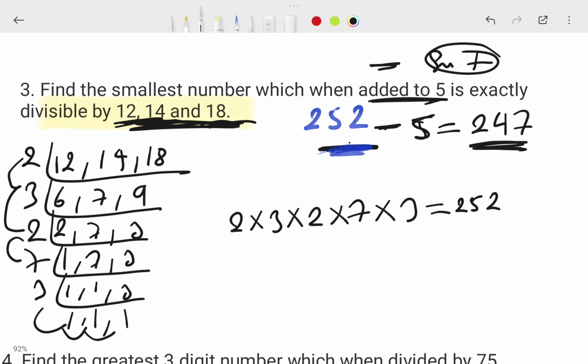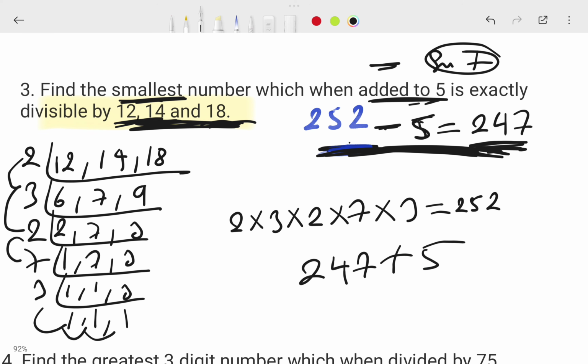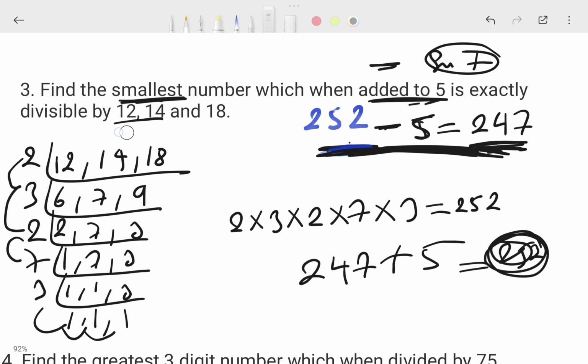Okay, now this is the smallest number. I have written 247 as the smallest number. If you add 5 to this smallest number, it is going to be 252, and this 252 is exactly divisible by all these numbers. Do you understand what I am telling?